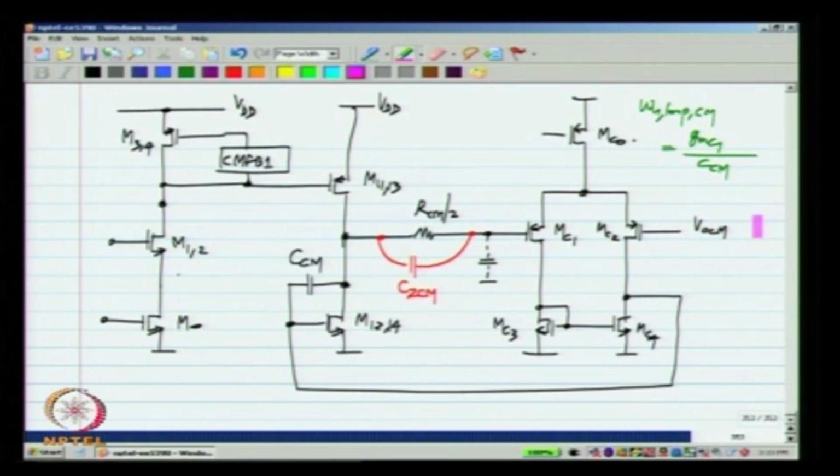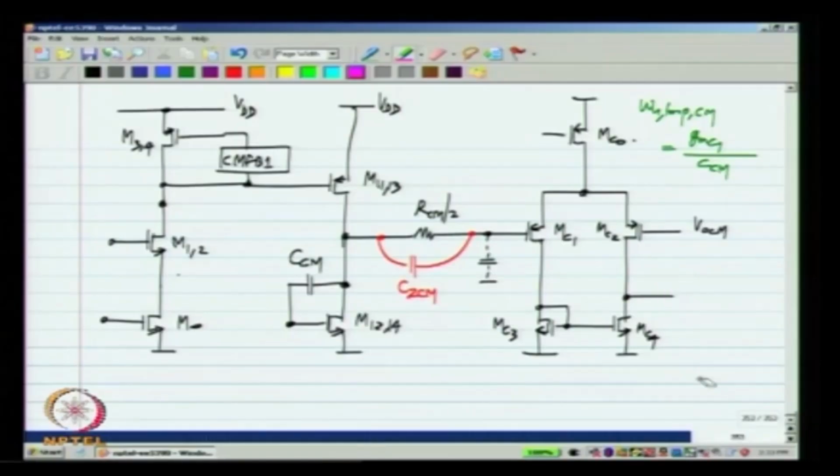Okay. Now, there is one other issue here that we discussed while discussing the single stage op amp. When the loop is broken, let us say all the devices are identical, if the output of this single stage op amp here is different from the voltage that is required at the gates of M12 and M14 to supply the desired current. Okay.